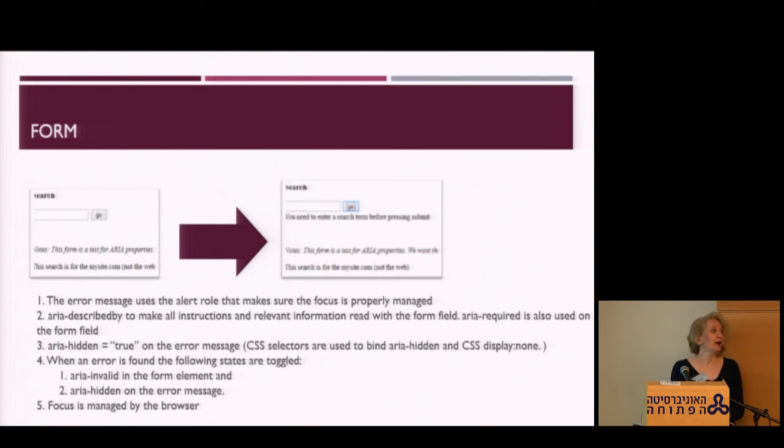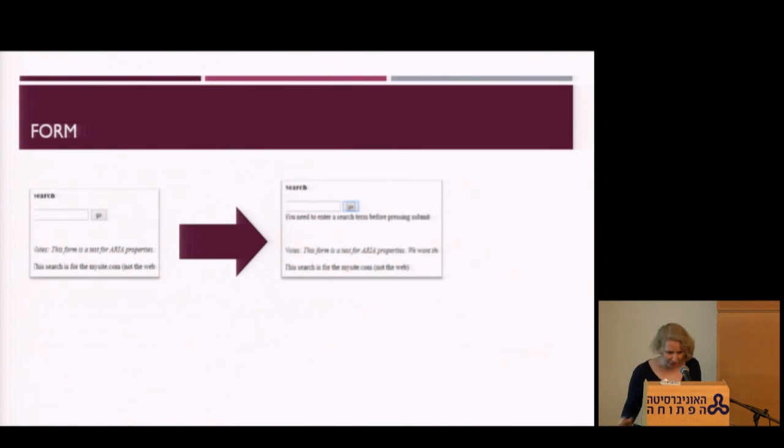Okay, relationships. I'm going to go back up because I'm cheating. Relationships. Do you think there's a relationship missing? Probably, if you haven't used ARIA. Right, so it's labeled by the search, and it's described by the word search, and it's got instructions.